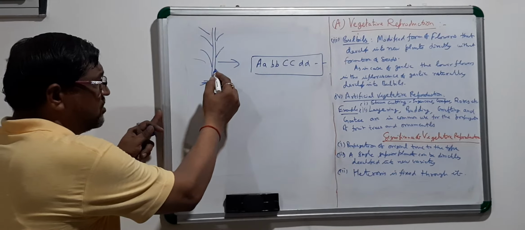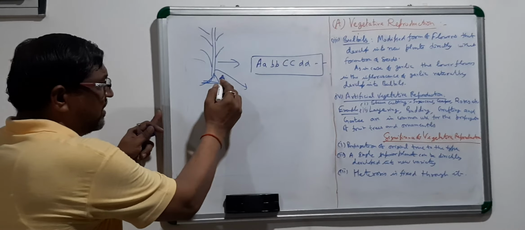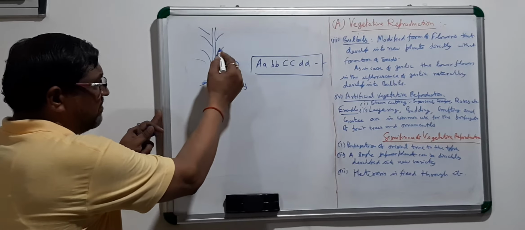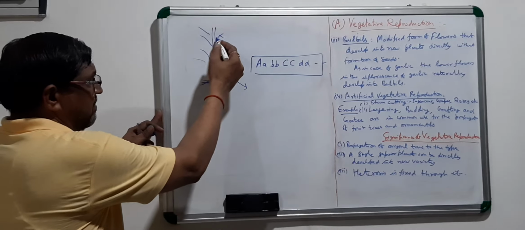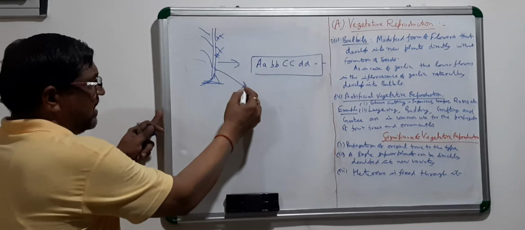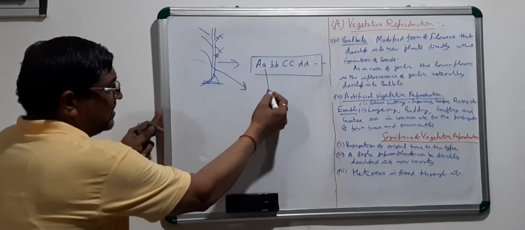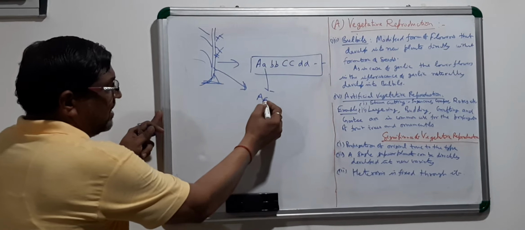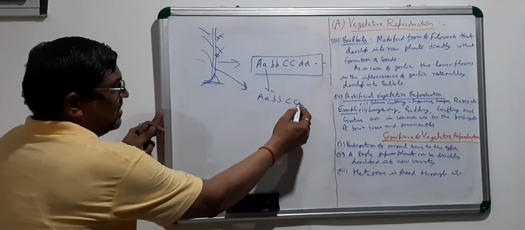and if you are able to propagate from vegetative means, from a part of the body of the plant, this genotype will be intact in all the progenies.